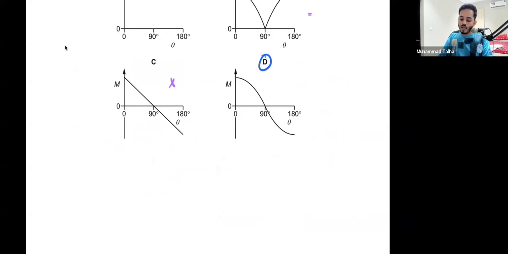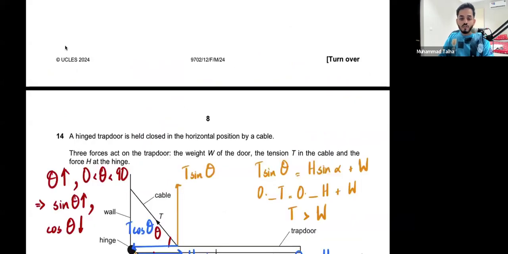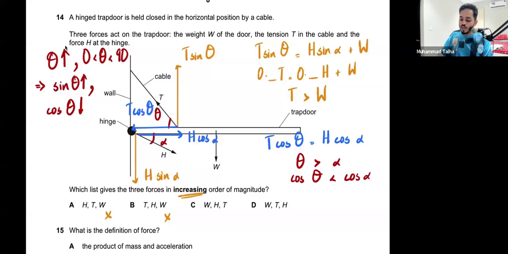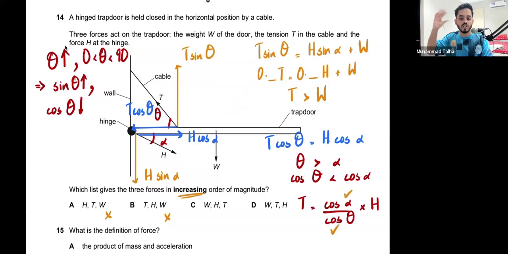All right. Now, if for a moment I make T the subject of this equation, so it becomes cos alpha over cos theta times H. Because cos alpha is greater than cos theta, this means this is a fraction where a numerator is larger than the denominator, right?